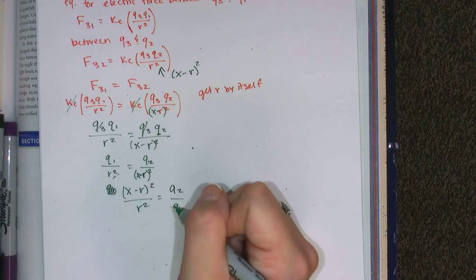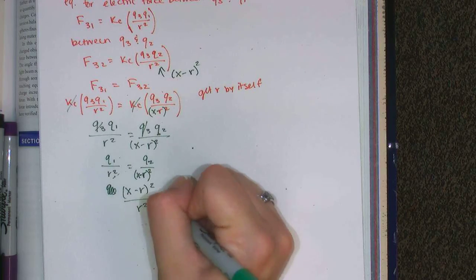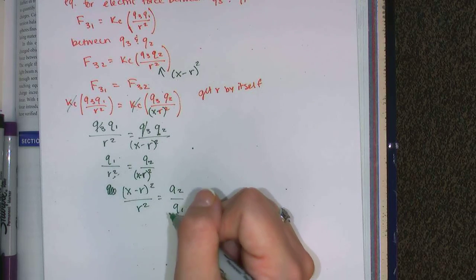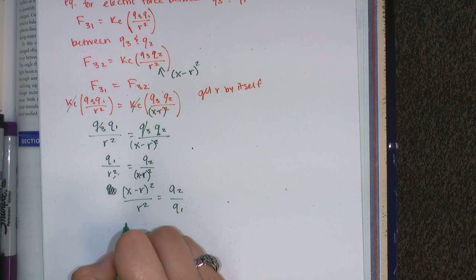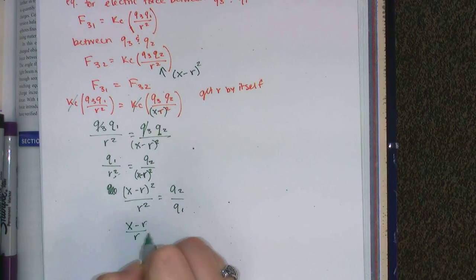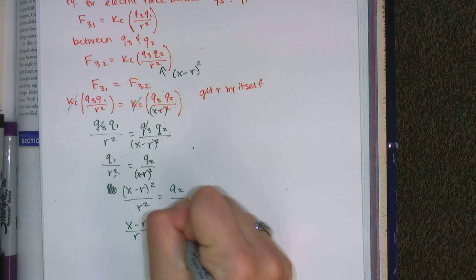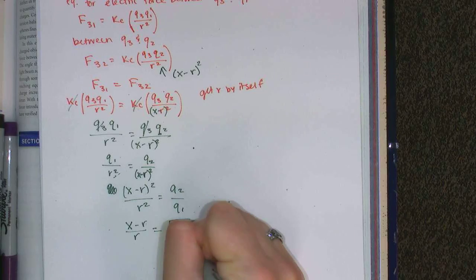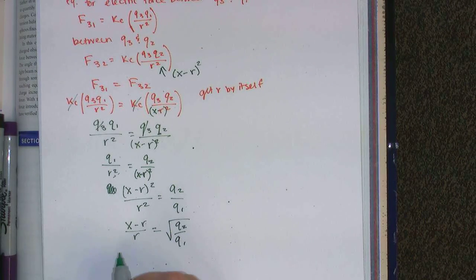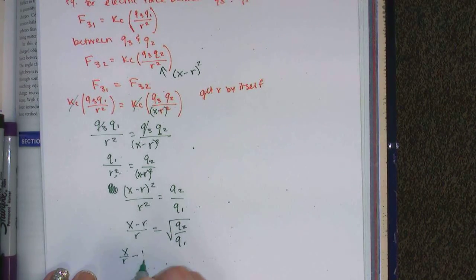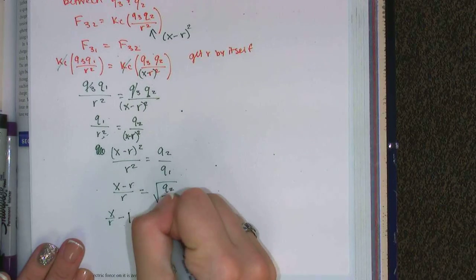And now all this stuff is squared here, so to get rid of it, I'm going to take the square root of both sides, giving me X minus R over R is equal to the square root of Q2 over Q1. I can rewrite this as X over R minus 1, which is equal to the square root of Q2 over Q1.